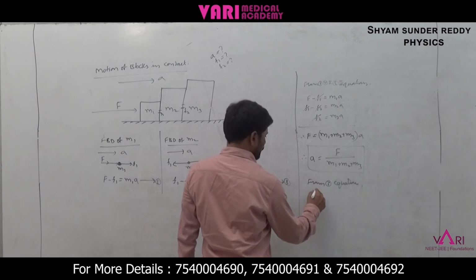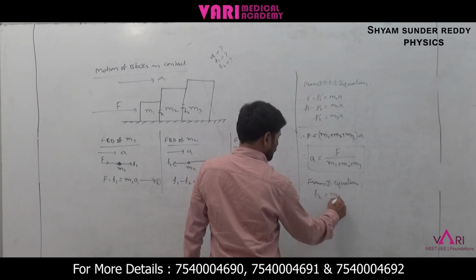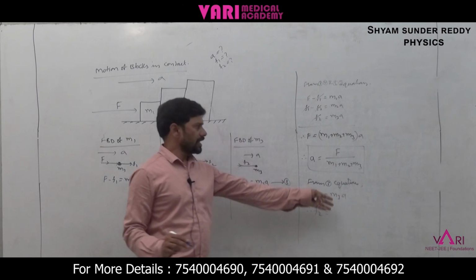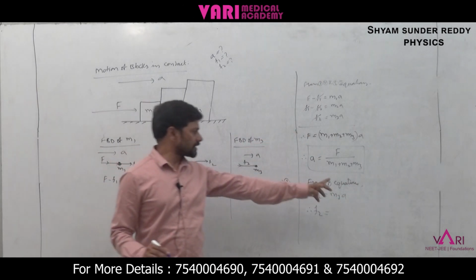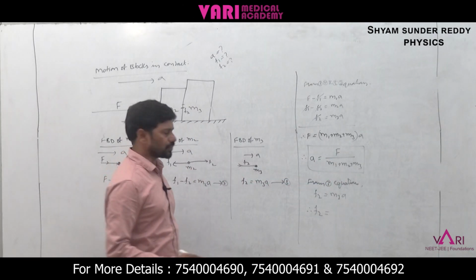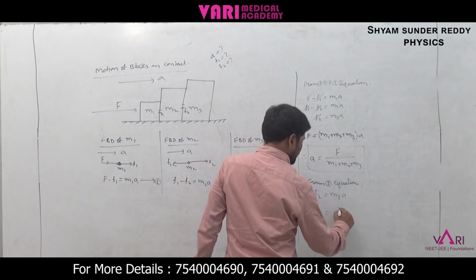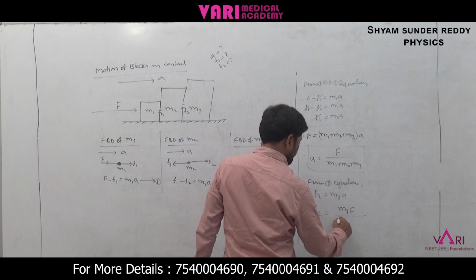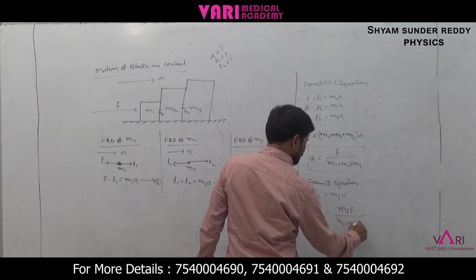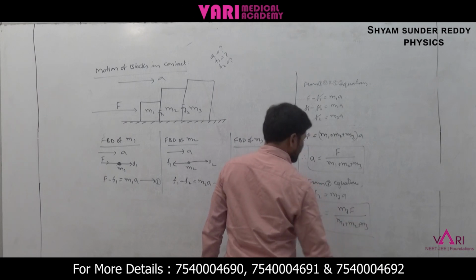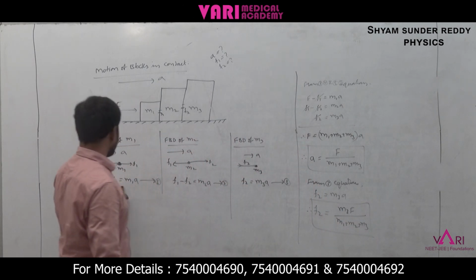Therefore F2 is equal to M3 into A; just substitute the A value here, then we get the F2 value. That is M3F by M1 plus M2 plus M3. This is F2.